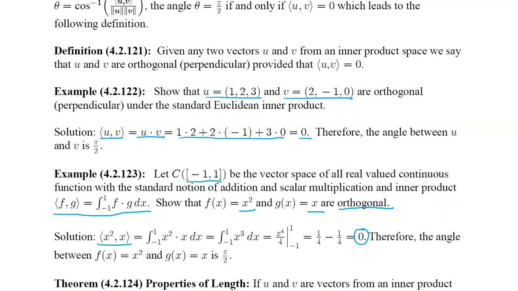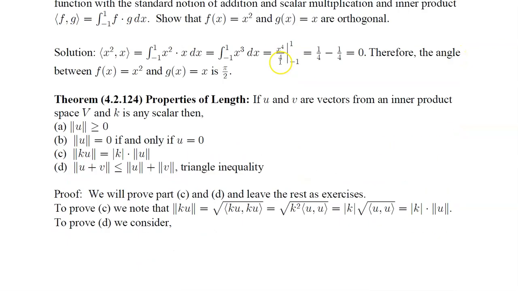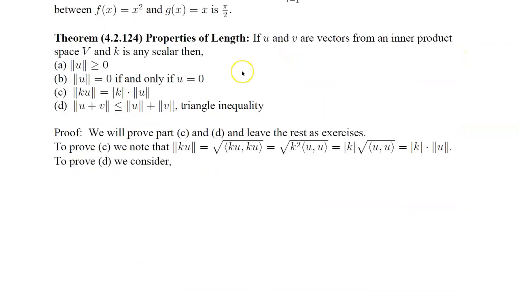Now let's take a look at a few theorems down here. Now here's a theorem detailing some important properties of length for any inner product space. First of all, the norm of any vector is bigger than or equal to 0.